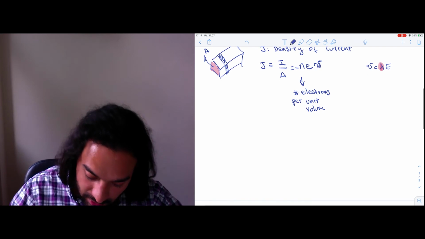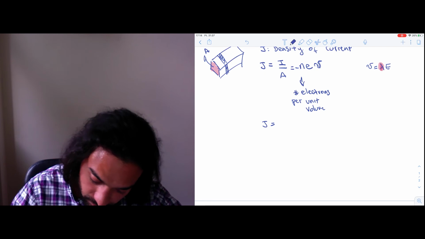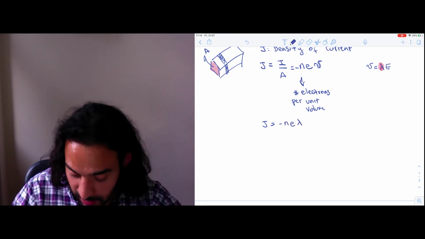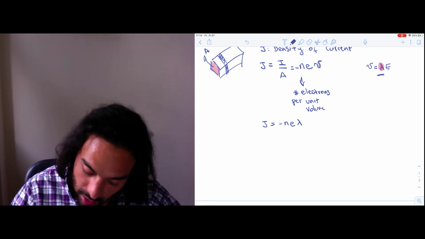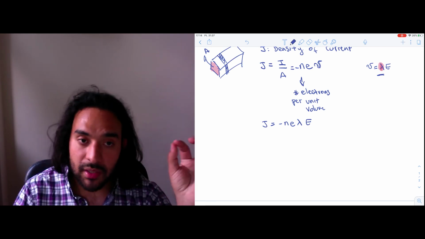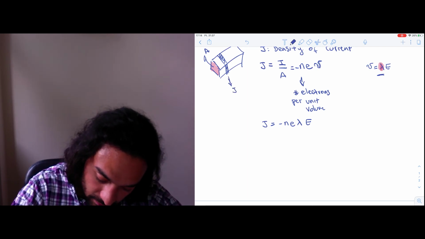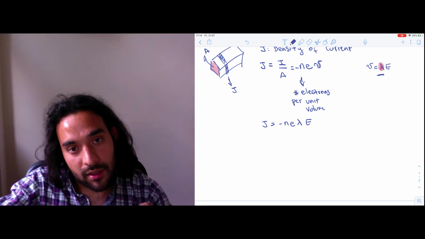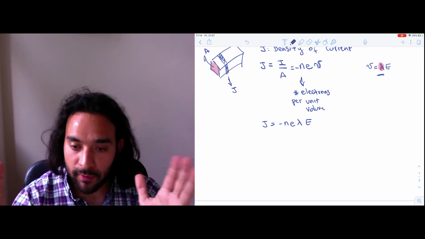And so what that means is that we have made a relation between this density of current, which is minus n e lambda, this constant of proportionality between the velocity and the electric field, multiplied by the electric field, right? And now we have a relation between the density of current, which we have here in this cross section of the material, and the electric field that is going from one place to another, so between 2 points in the bit of metal, right?